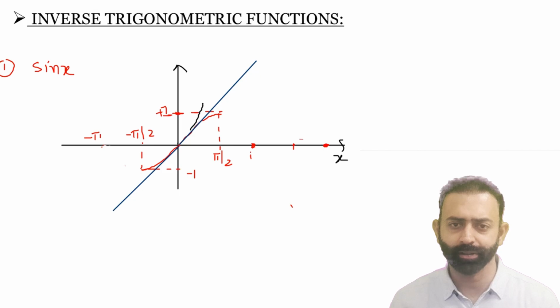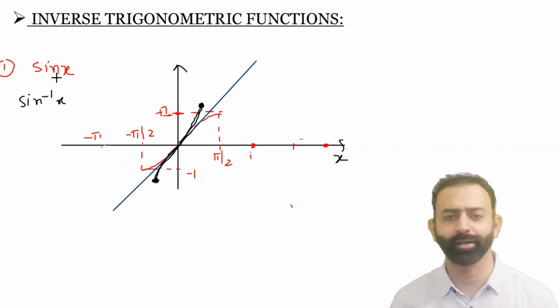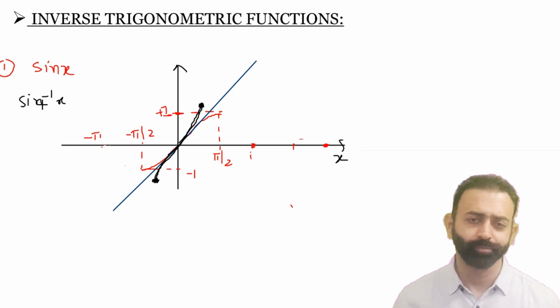This is a rough sketch, so pardon my drawing. I hope you can see this graph of sine inverse, this black one. Let me mention this with sine inverse x. Black color is for sine inverse and red color is for the sine graph.